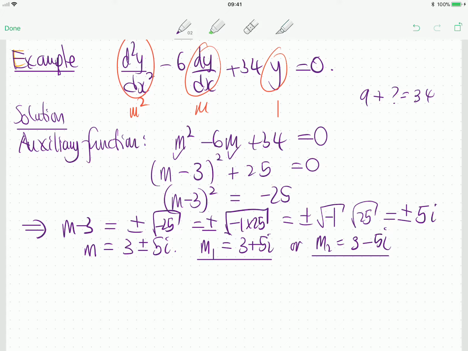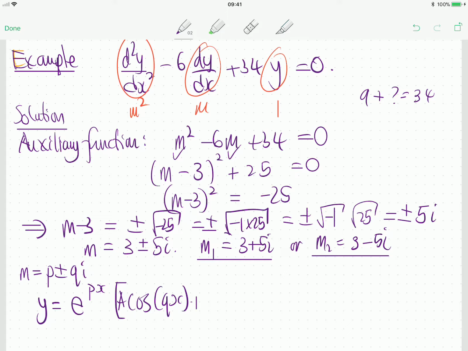Okay, so the solution to the differential equation has a certain form which we need to be aware of if we're going to solve this problem. And the form is, well, if the auxiliary equation has solution p plus or minus qi, then the answer is e to the px cos qx times a plus sine qx times b.